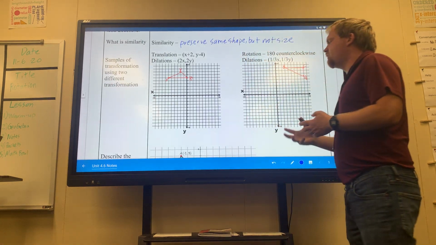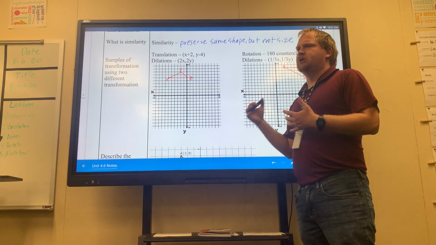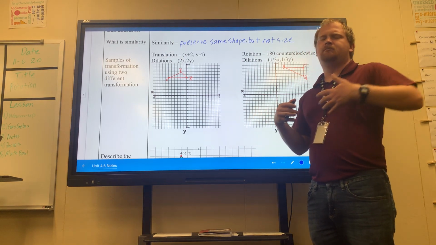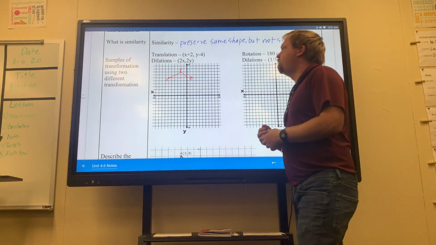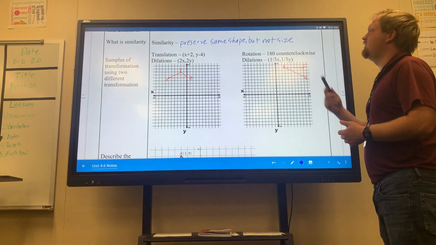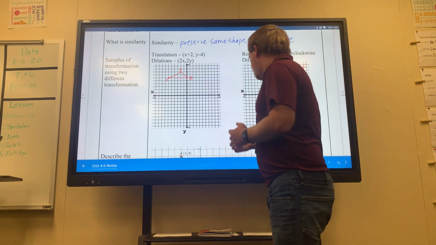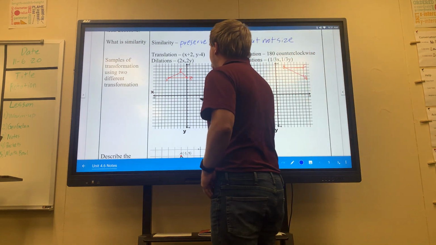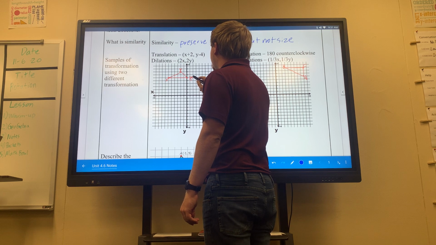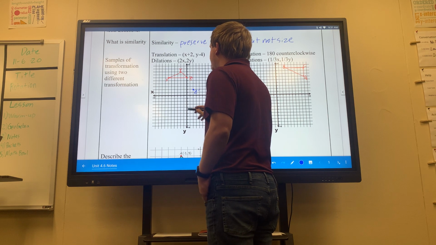Here's a couple examples of preserving shape but changing size. We're going to do transformations with these two: a translation for the first, and a dilation for the second. I'm going to translate the figure first. For example, I go to the right 2, down 4. 1, 2, 3, 4. So here's Z prime.